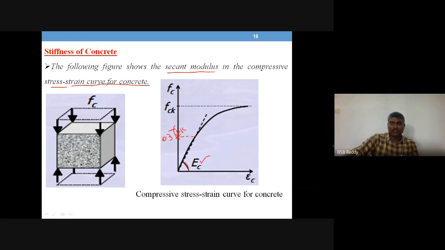This is how we estimate the Young's modulus of concrete from the stress strain diagram. The slope of this stress versus strain curve is the Young's modulus.